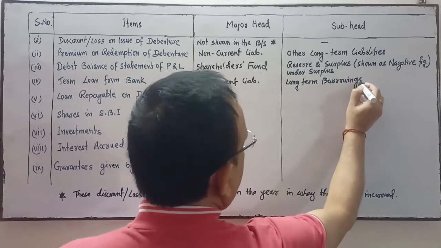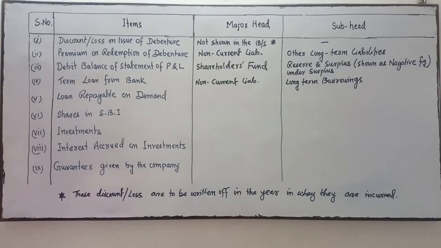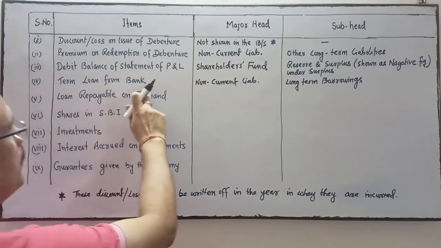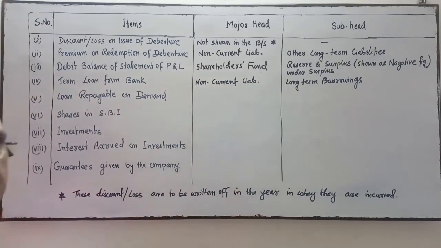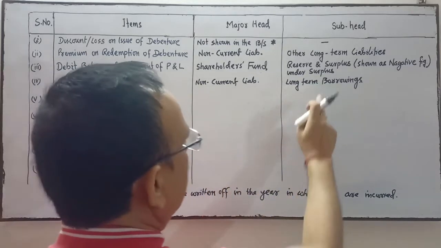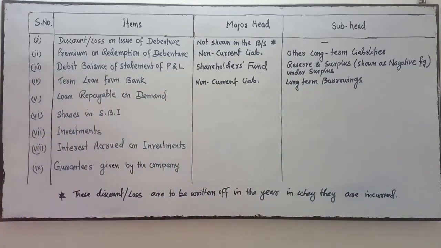It's a long-term liability, more than 12 months, and comes under long-term borrowings.